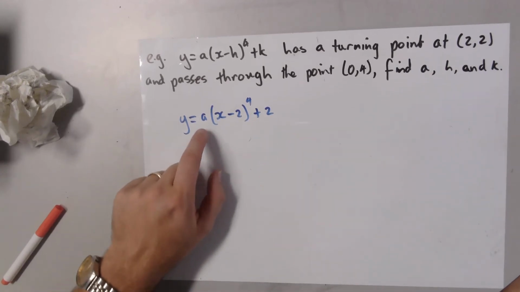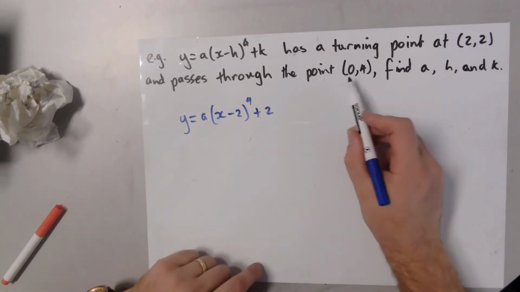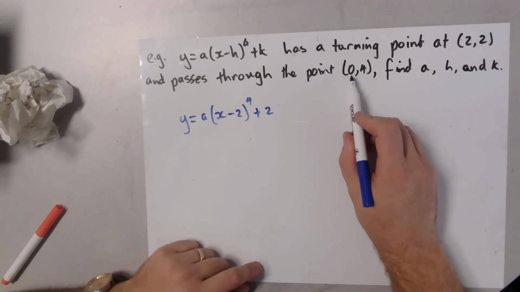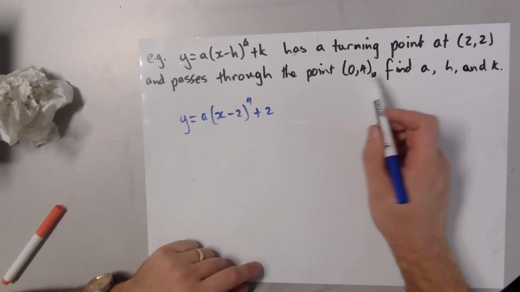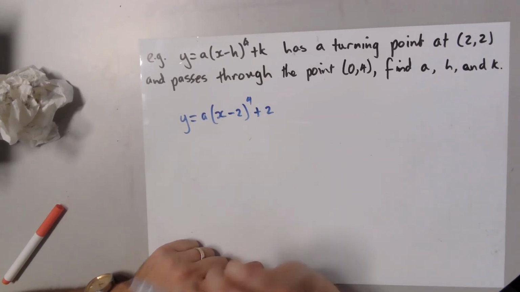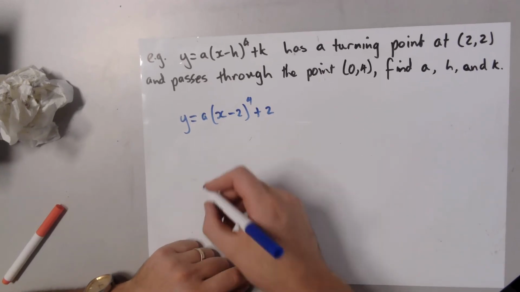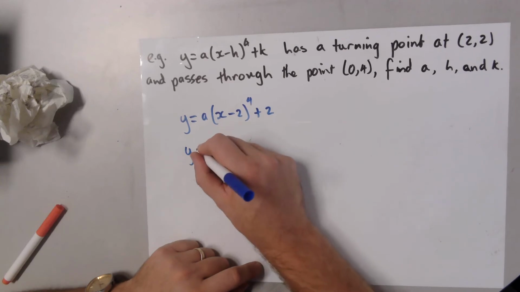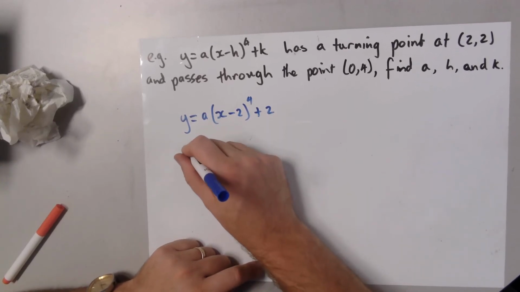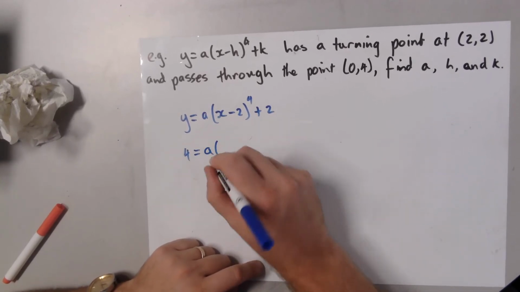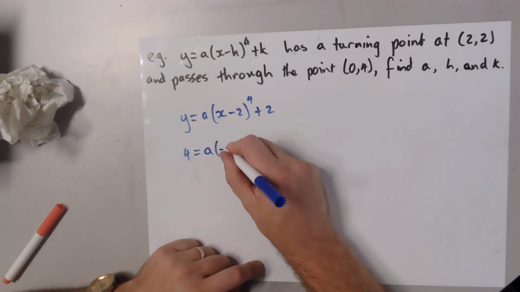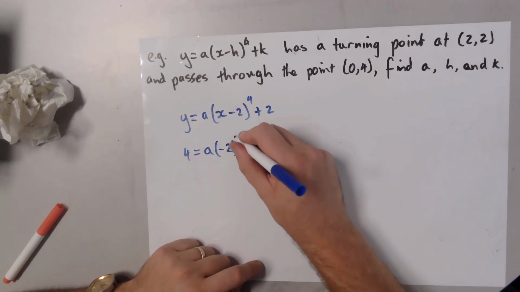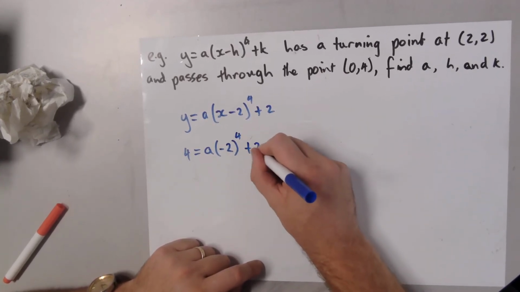But we need this value of a. Well, that's okay. We've got one more bit of information here, which is the point 0, 4. All we need to do is sub in those values into our equation, and we're going to be able to find our value of a. So you get 4 equals a, x has to be 0, so take 2 to the power 4 plus 2.